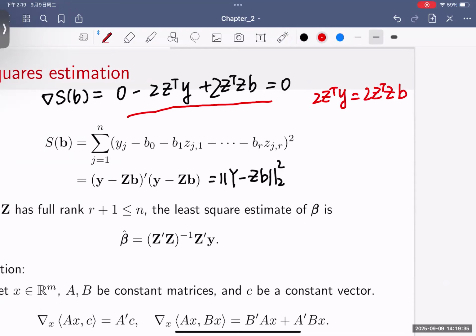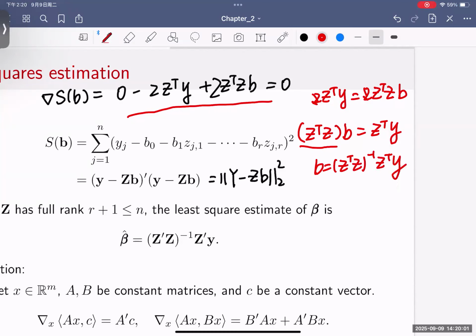Okay, so we can cancel the 2 first. So it will correspond to z transpose z times b equal to z transpose y. Well, if this term is a matrix, and if it has the inverse, then the b will equal to z transpose z inverse z transpose y. And this will be our least square estimation.